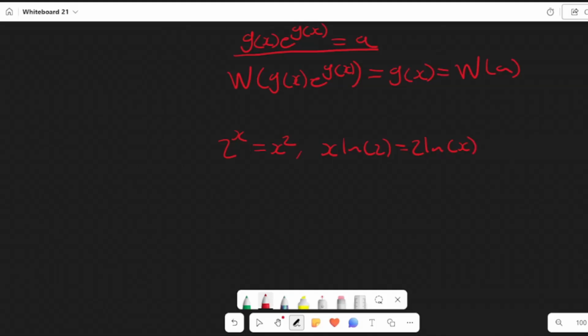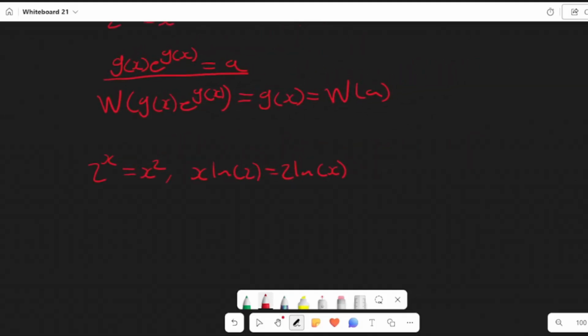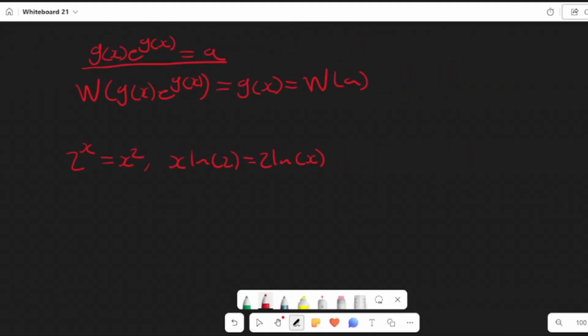And this basically comes from the, I guess you can say, rules of logarithms, or the properties of logarithms. And here, what we can do is divide by x, because what happens then is that we get natural log of 2 being equal to 2 natural log of x over x.